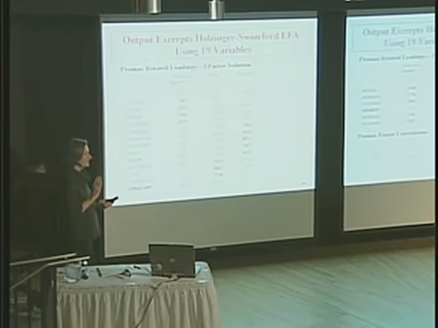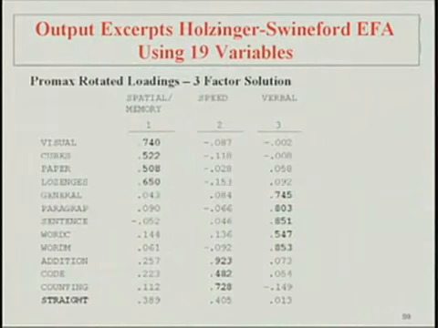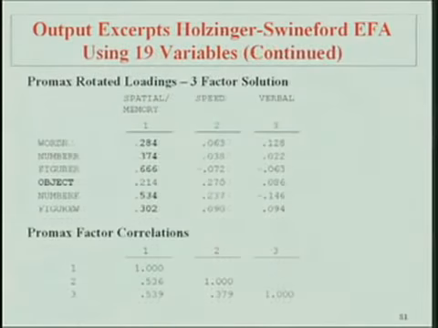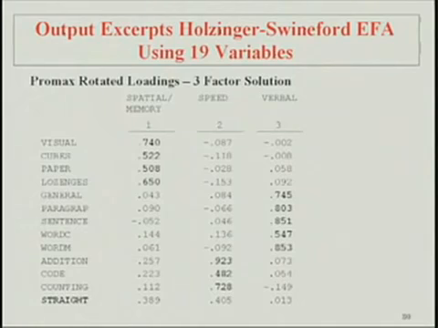So what I decided was that here are our items down here, visuals through straight here and word R over there, and our 3 factors, which we are going to refer to as spatial, memory, speed, and verbal. So spatial and memory seem to be loading on 1 factor.